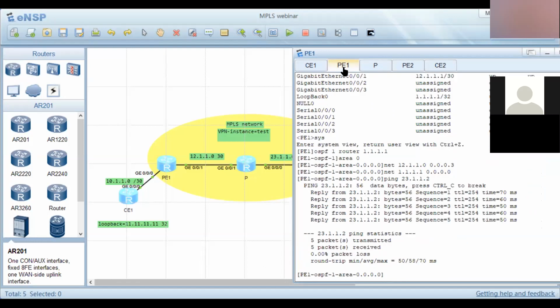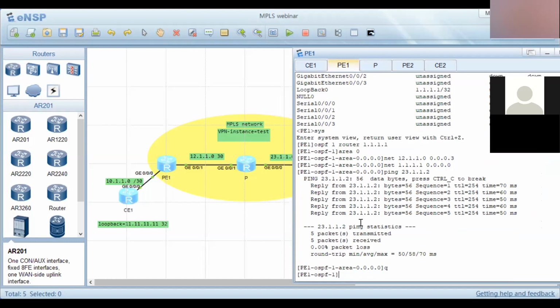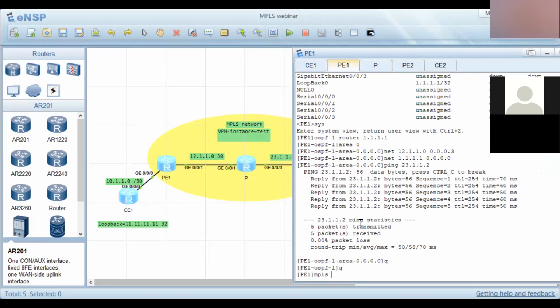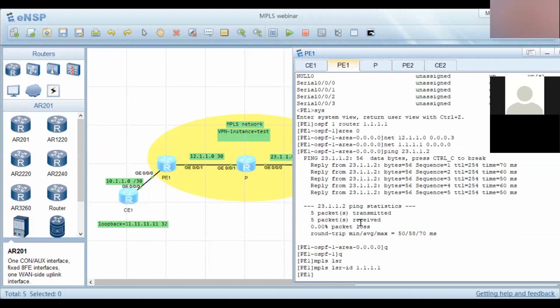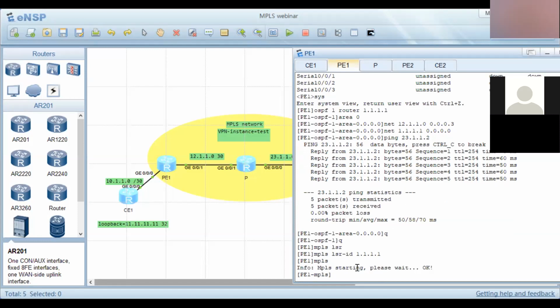So after that, we will configure the MPLS. First, as I told you, the MPLS LSR ID will be defined on all the MPLS network devices. The LSR ID is the same as the OSPF router ID or the loopback IP address, and we will enable MPLS globally. It is already started.